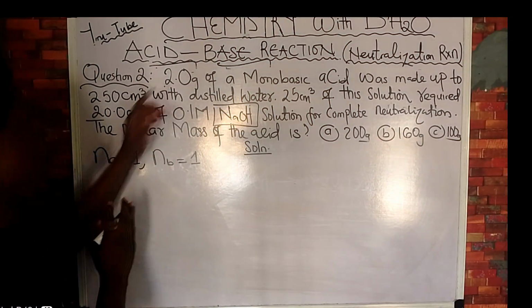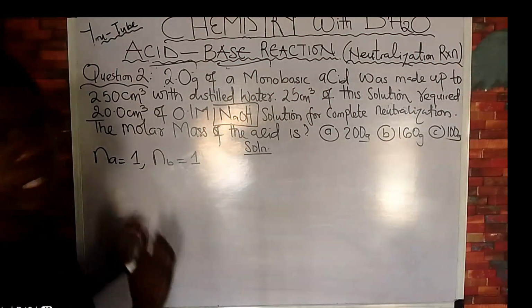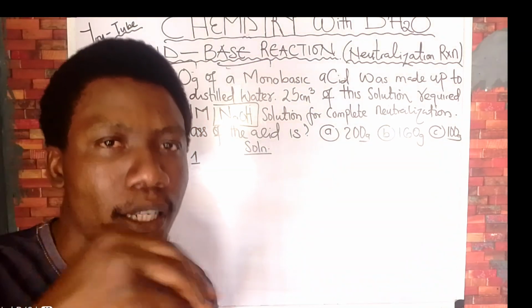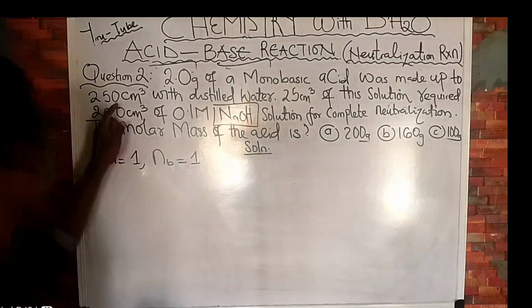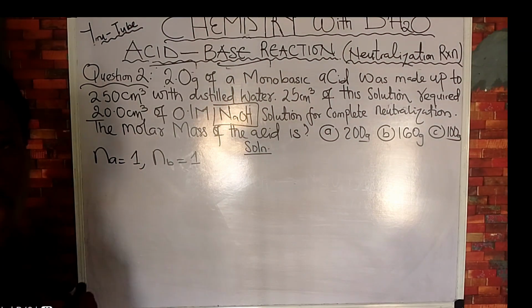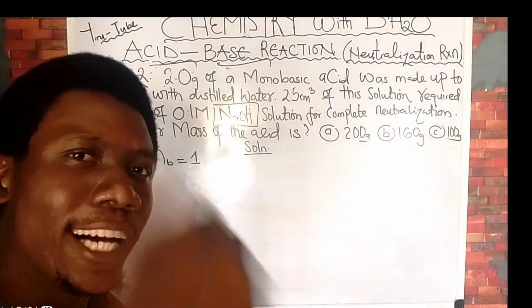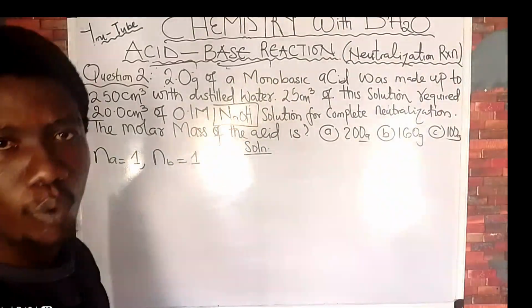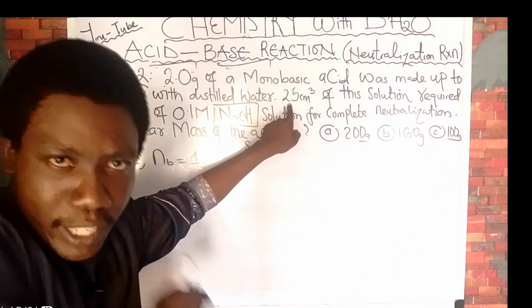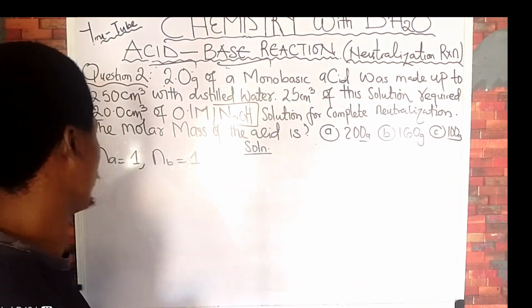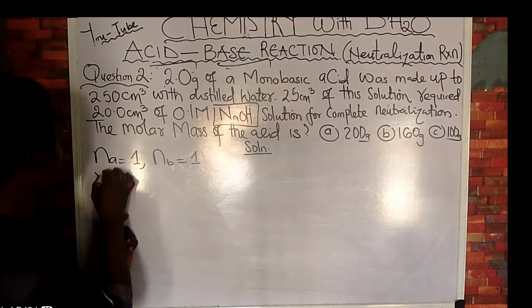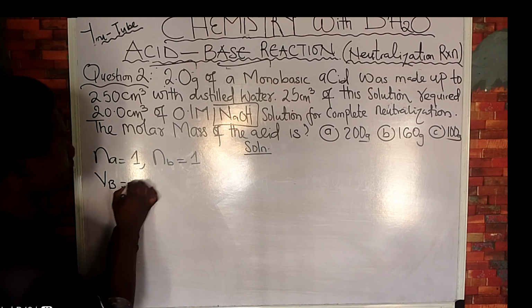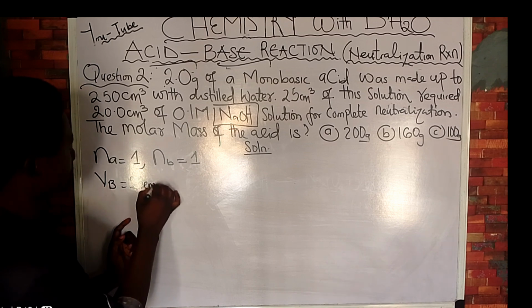Okay, now look at the question. Let's leave the mass of the acid and the volume that the mass of the acid was dissolved into, which is 250 cm³, because that does not define the base of the reaction. What they actually used was that they took 25 from what they have prepared. So that's what I mean by the reaction. So we have volume of the acid equals 25 cm³.